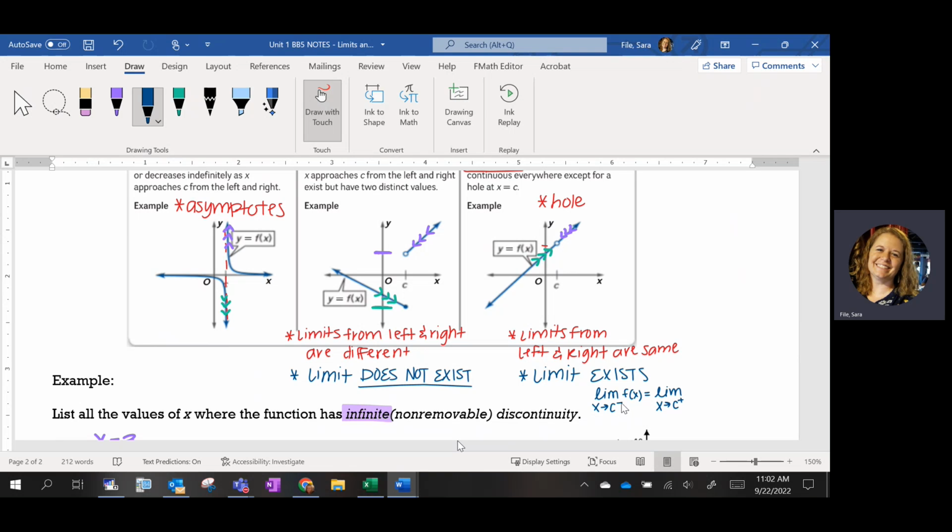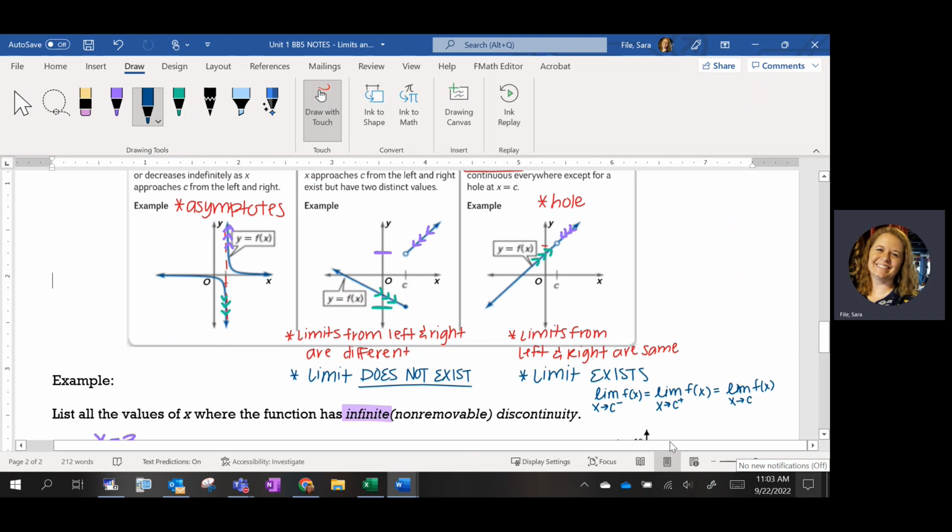So we use a little minus or a plus to indicate left and right. Okay, if those are equal, then that equals the limit as x approaches c, with no indication of left or right, just the overall limit. So if the left limit is equal to the right limit, then that is the overall limit.